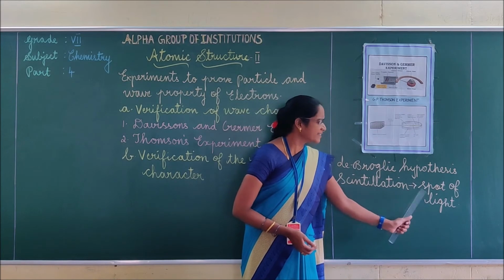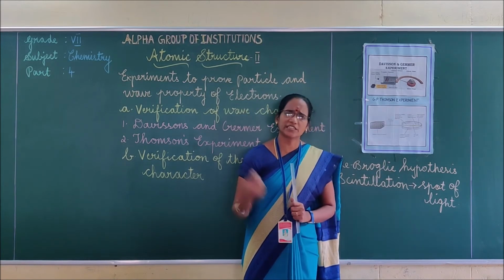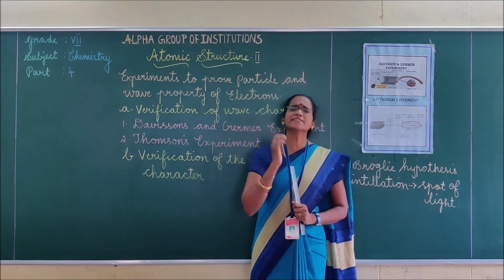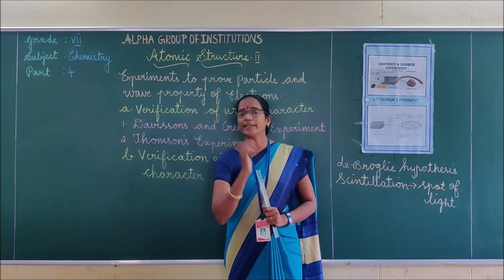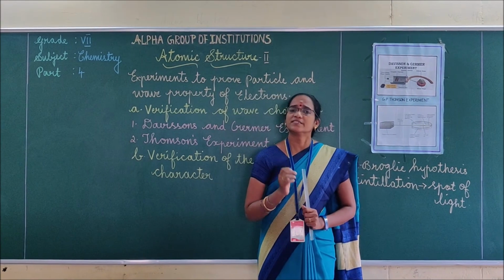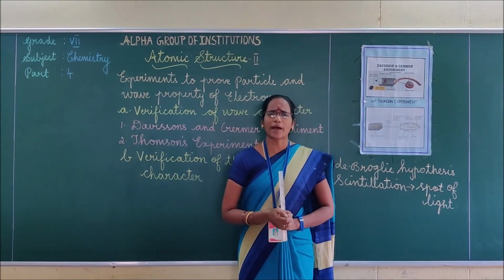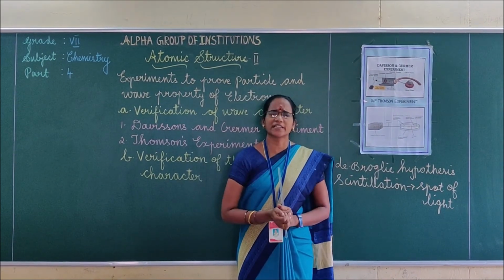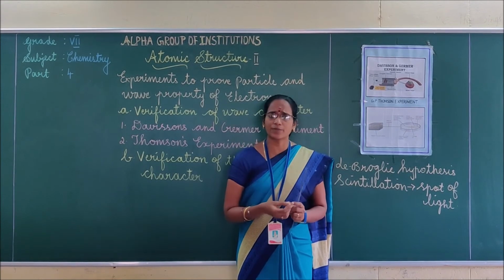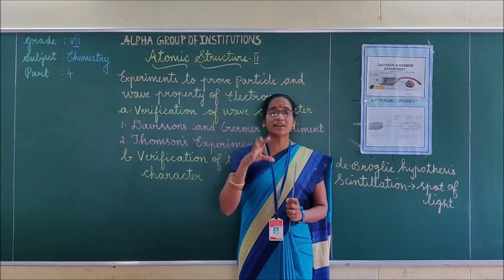Why is a zinc sulfide screen used in this experiment? A zinc sulfide screen has a unique quality. Whenever a particle hits the screen, it glows for some time and leaves a mark.